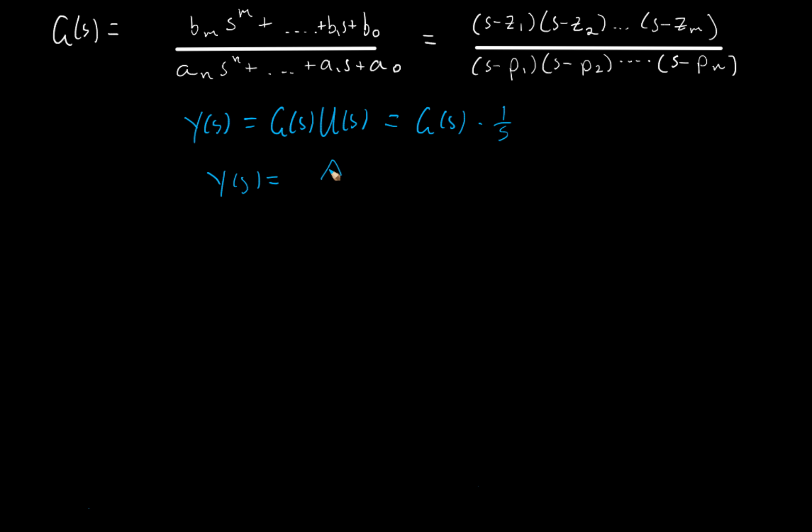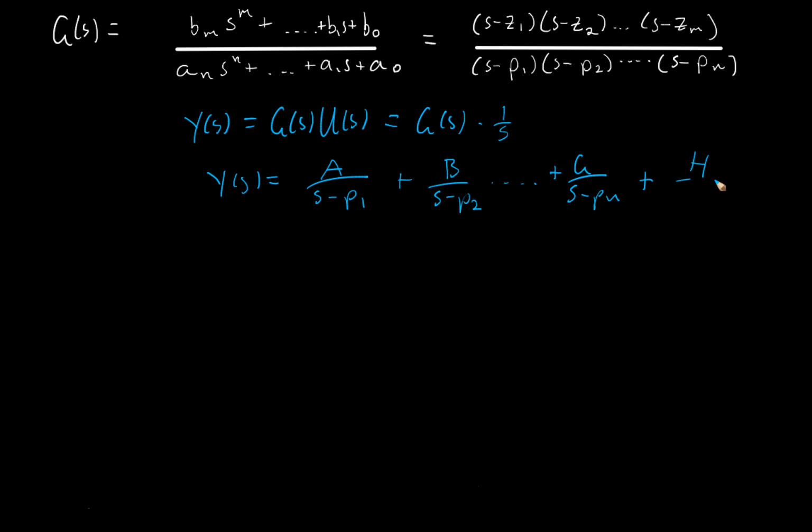And let's say we write that down as A over s minus p1 plus B over s minus p2, and so on, until we get to, maybe it goes up to G over s minus pn. And then we've got also, as well as the poles of the transfer function, we've got the 1 over s.